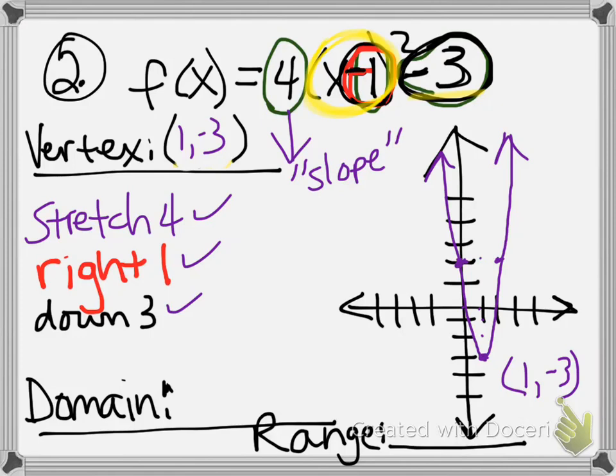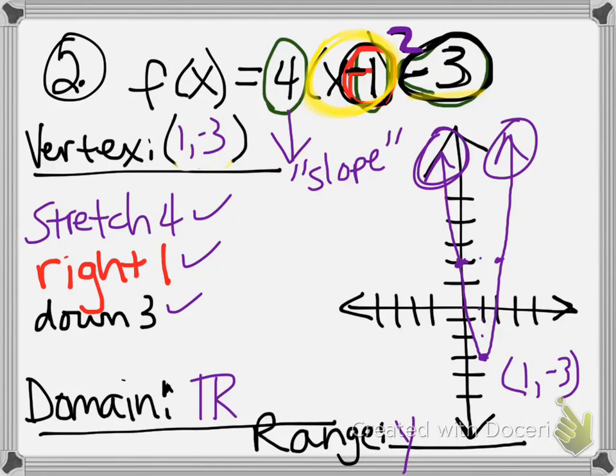Okay, now for domain and range, remember that if it's a parabola, which all of these are, and we know it's a parabola because of the square up here, the domain is all real numbers, no matter what, every time, always. The range, however, is either going to go up, as in this one goes up, or it's going to go down.